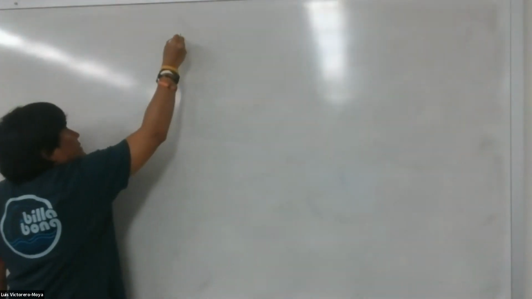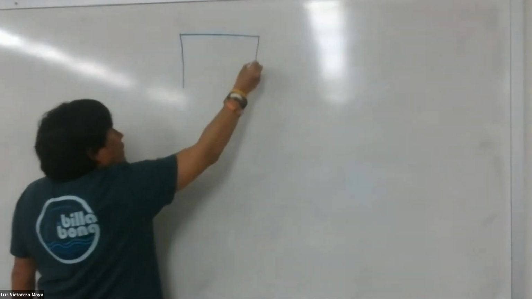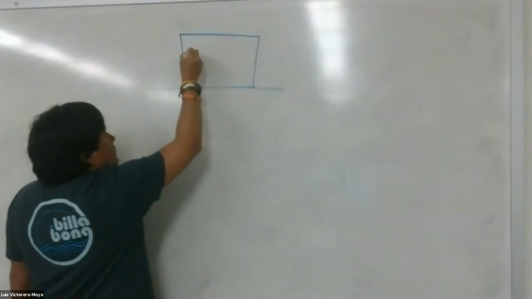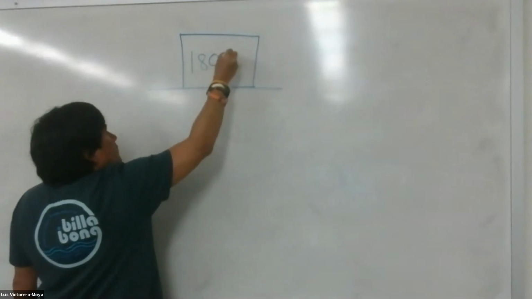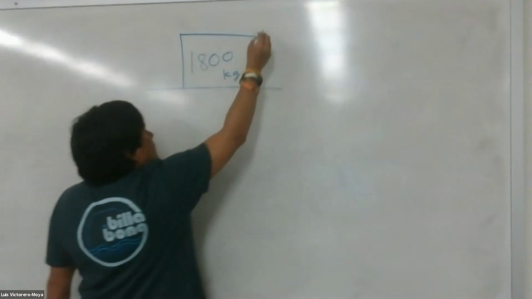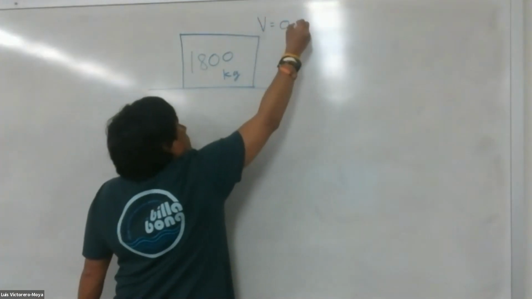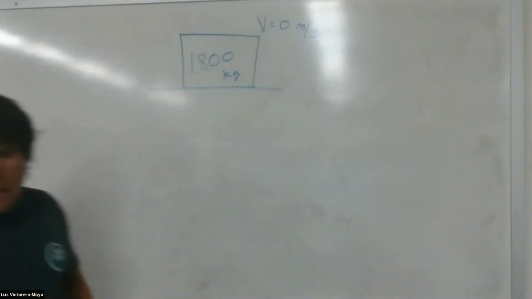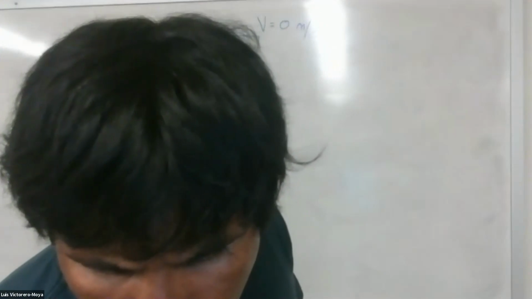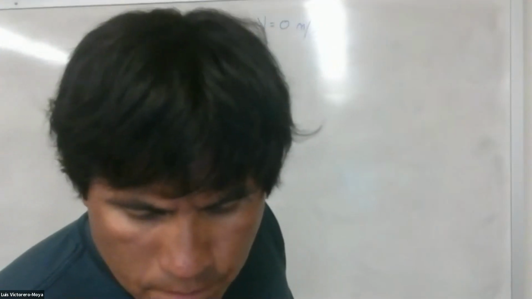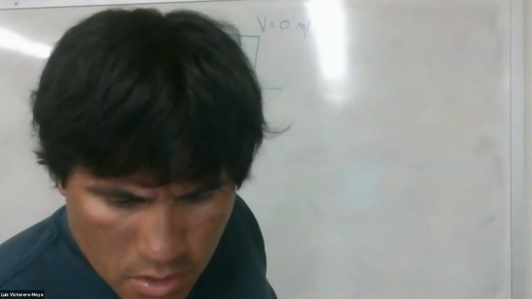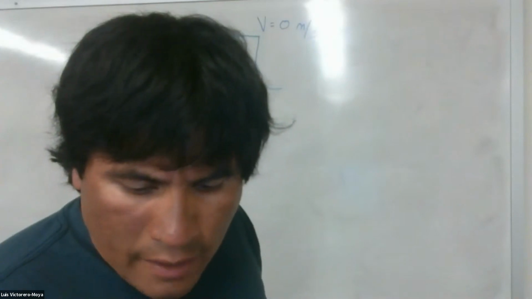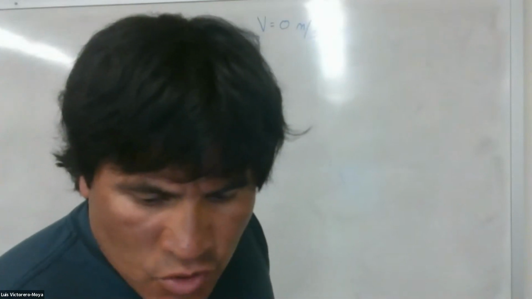So if you have a mass of 1,800 kilograms, which is at rest, and then you have another mass, which is going to have a collision with that mass.